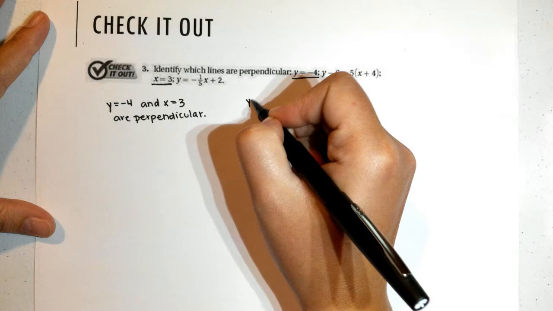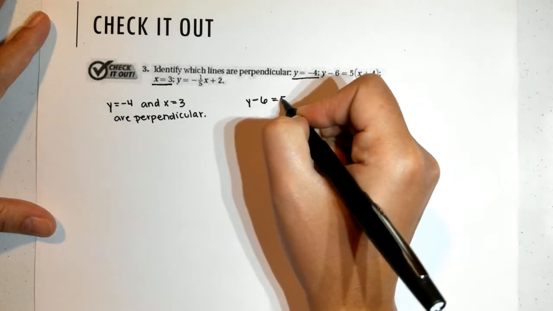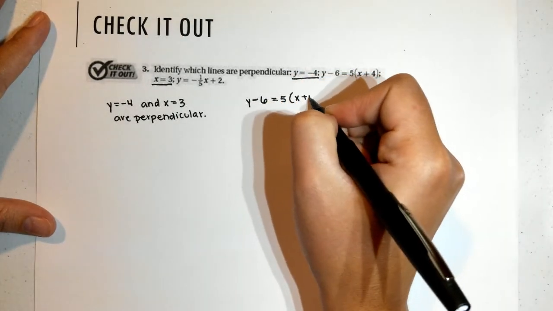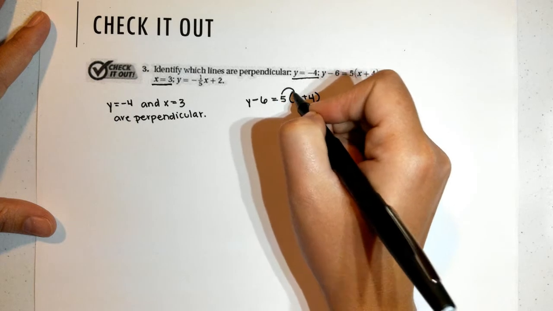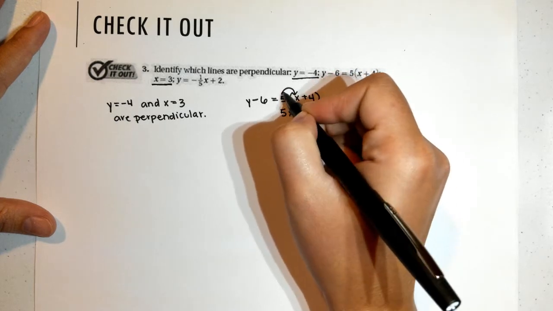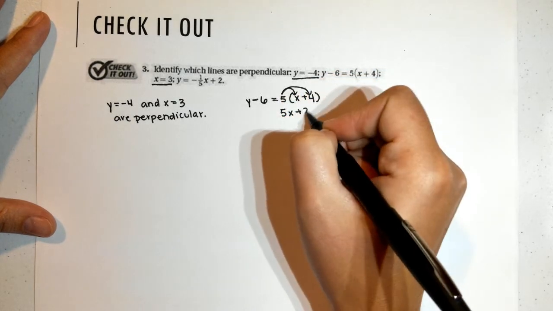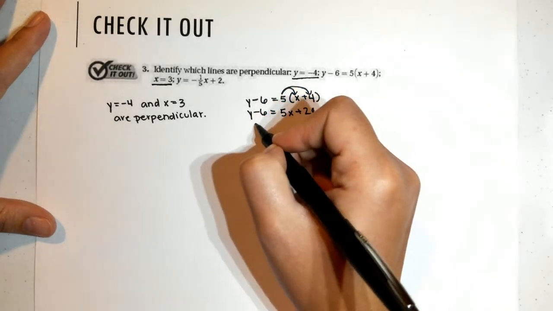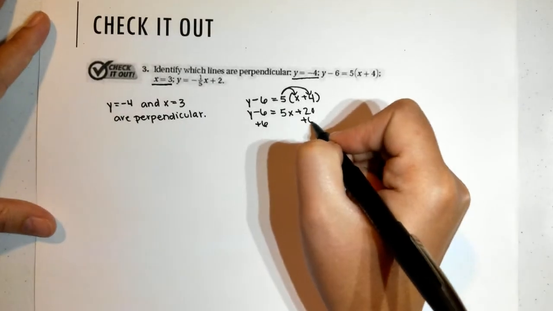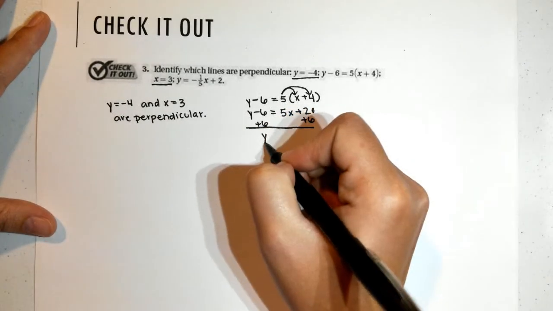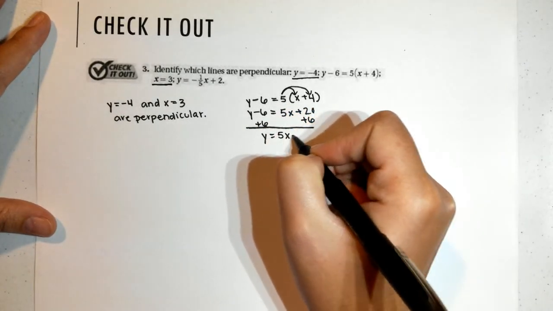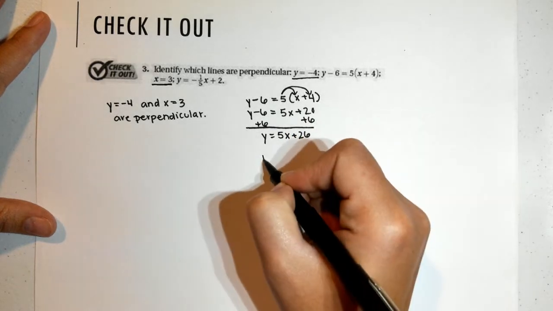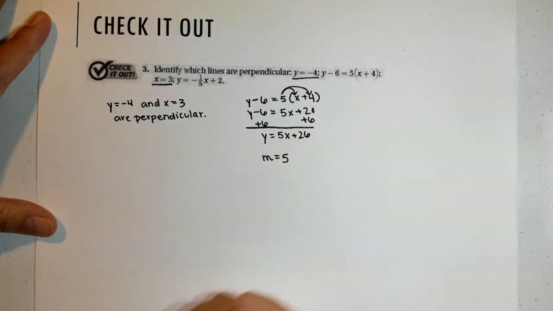So first, y minus 6 equals 5 times the quantity x plus 4. I'm going to distribute that 5, so 5 times x is 5x. 5 times 4 is 20, so plus 20. Y minus 6 on that side, and I'm going to add 6 to get y by itself. So y equals 5x plus 26. So my slope here is 5.